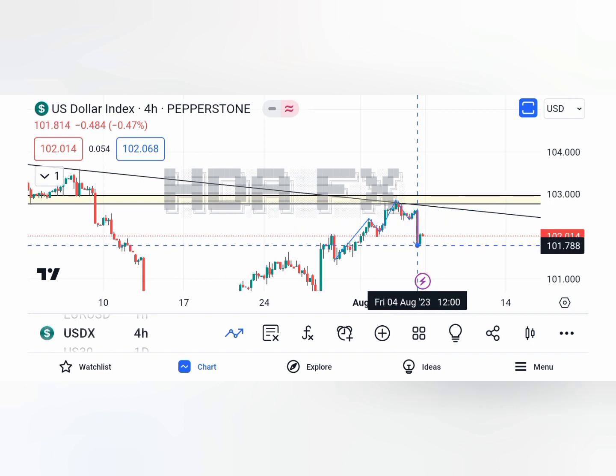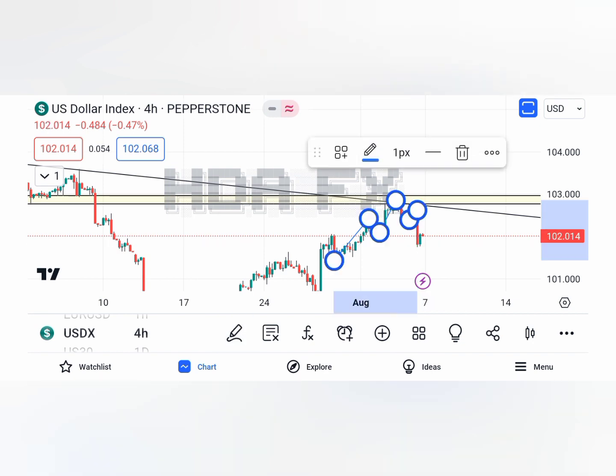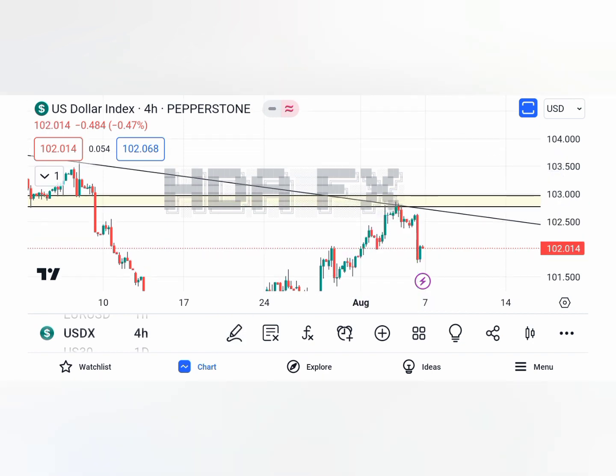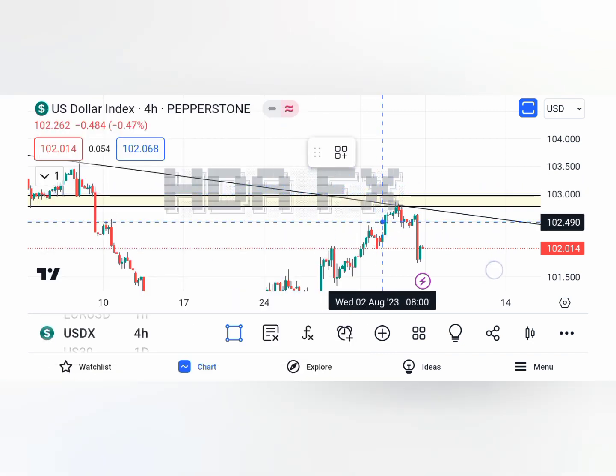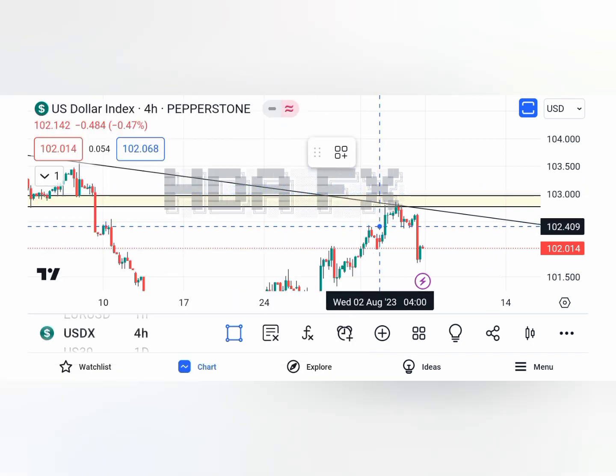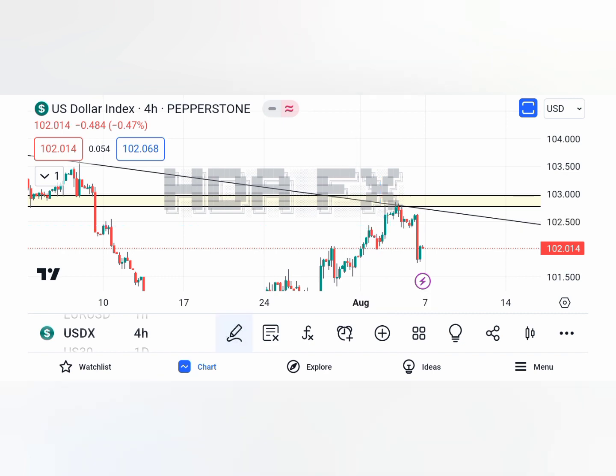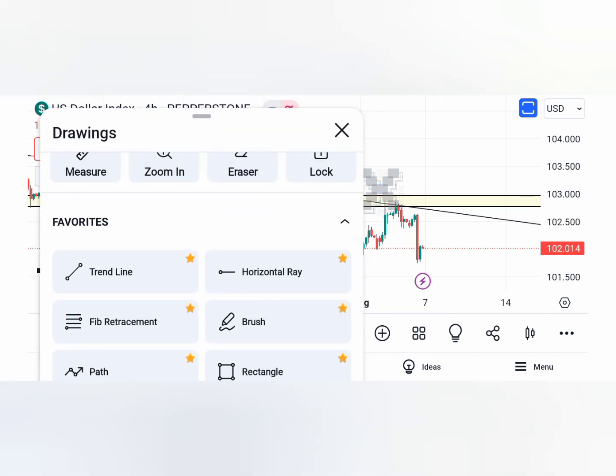So now we could spot this key level here. We could spot these two key levels here. We could spot a key level at this very point. Let me draw it again.